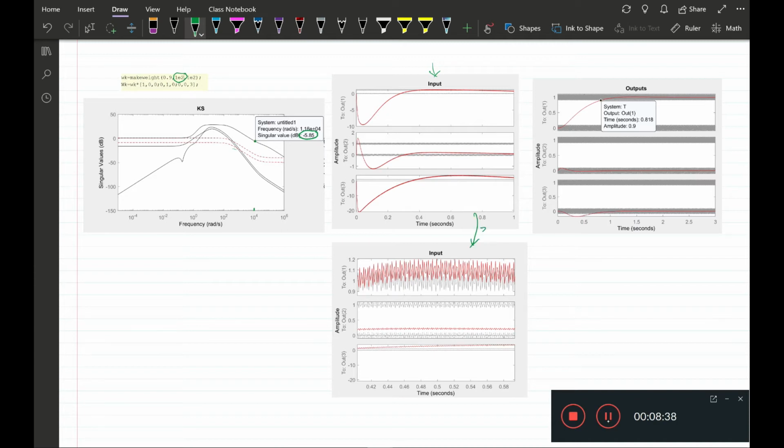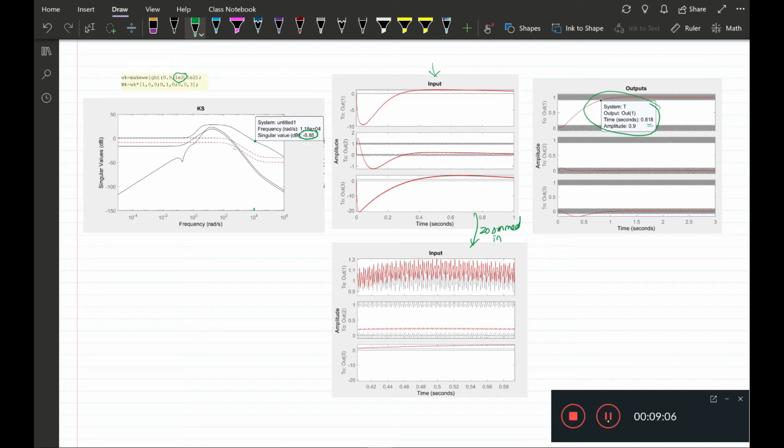You can see the zoomed in figure here, and now the input is approximately oscillating with an amplitude of 0.1. Note that the output is still almost exactly the same, now with slightly longer settling time, and that's because we're essentially making the controller slower.